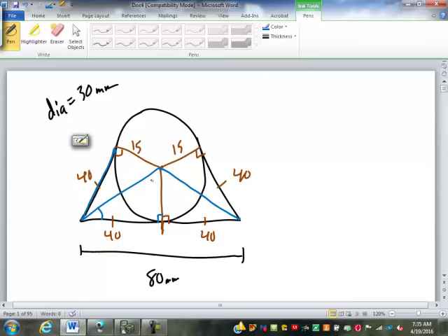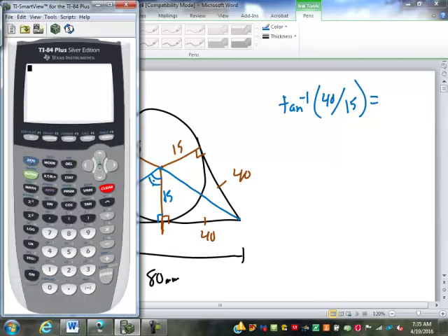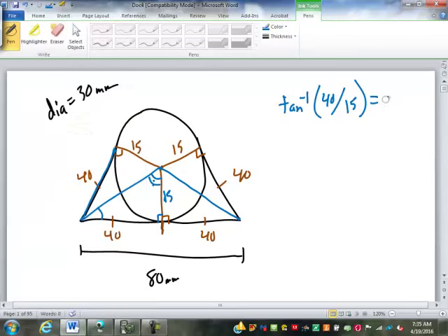That angle, actually what I'm more concerned with is this angle, aren't I? This angle here would be the inverse tangent of the opposite side, which would be 40, over the adjacent side, which would be the 15, the radius, which will give us an angle of 69.44 degrees.